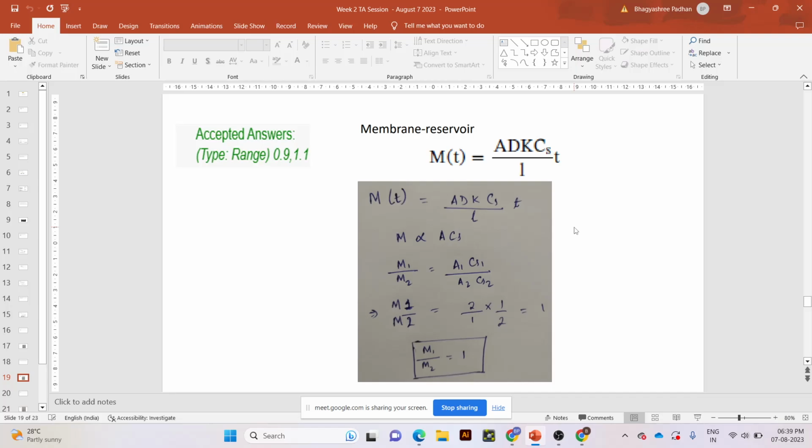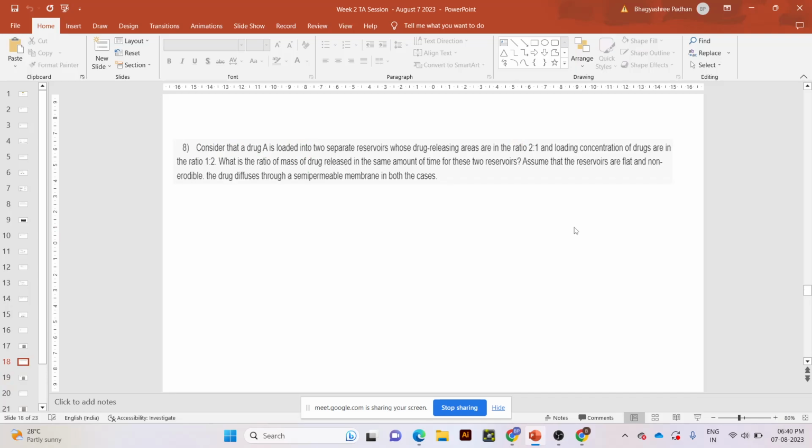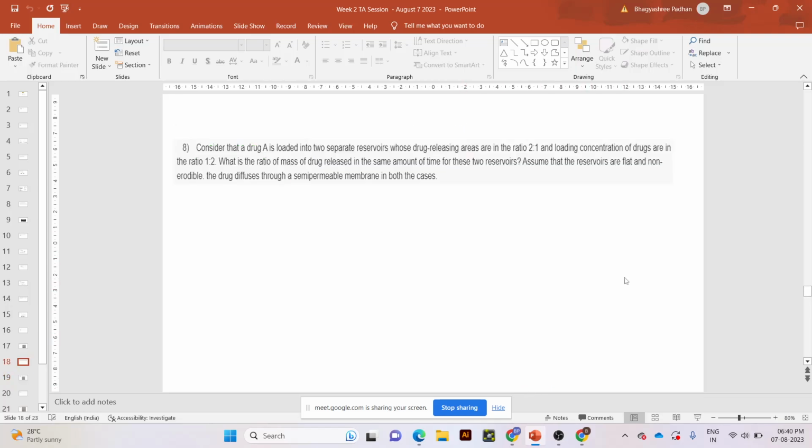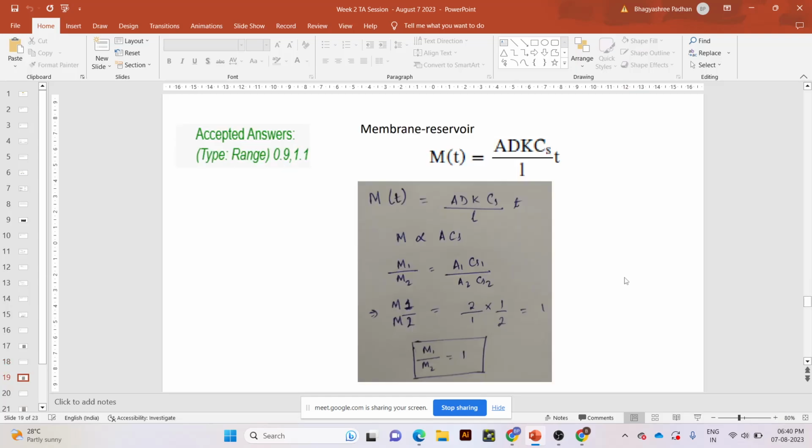But if you see the equation, the drug is loaded in two separate reservoirs whose drug releasing areas are in the ratio of 2 is to 1. So this 2 is to 1 is the area, that is A1 and A2 given here, and then loading concentration of the drugs are in the ratio 1 is to 2.